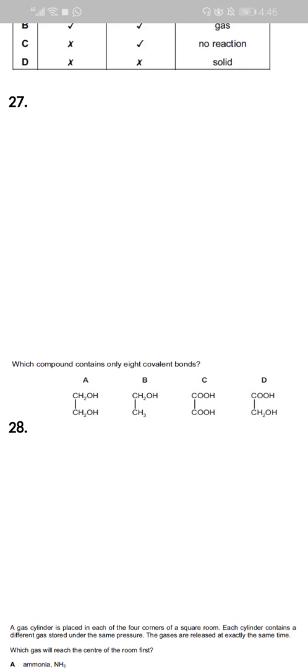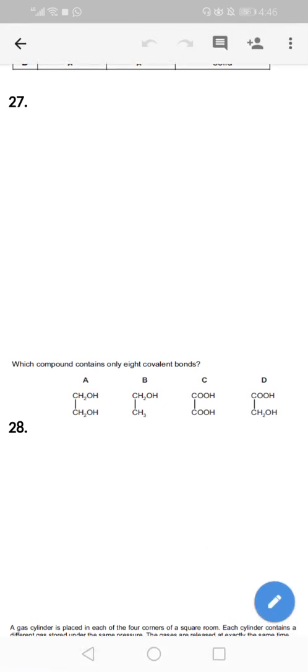Let's do this. In this question, you need to know the bonds between carbon, hydrogen, and oxygen. So let's start.